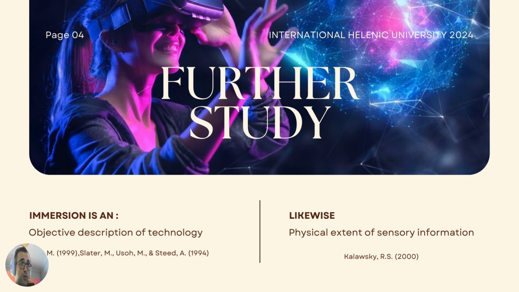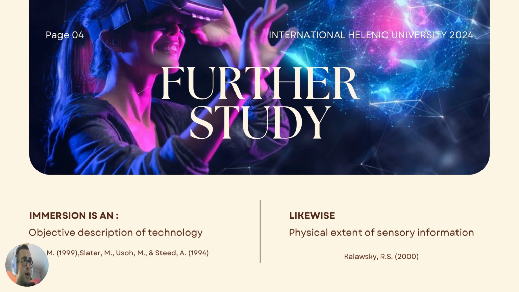A state of, as we said before, deep mental involvement in which the subject may experience dissociation from the awareness of the physical world due to a shift in their attentional state. This definition is used to contrast and differentiate interchangeably used terms such as presence and envelopment from immersion.